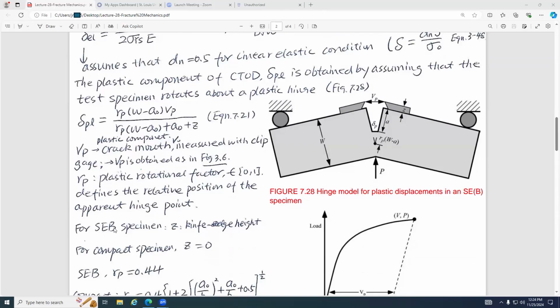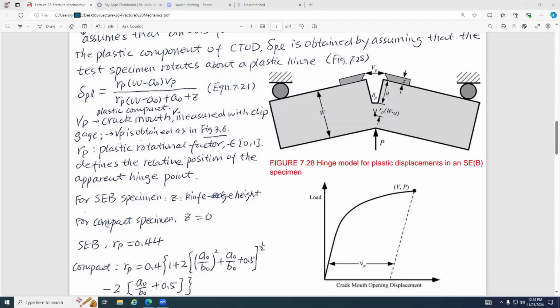For SENB, the single edge notched bending specimen, there is a Z value, and Z is the knife height. When we have a knife, it is difficult to measure from here to here. For the compact specimen, Z equals 0.